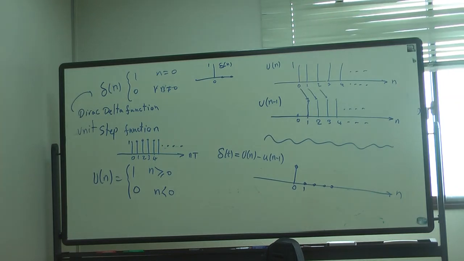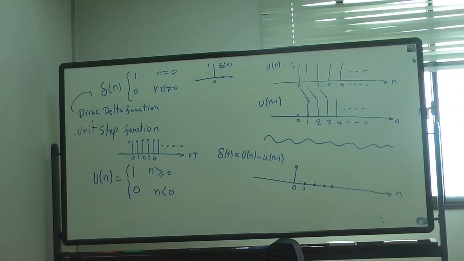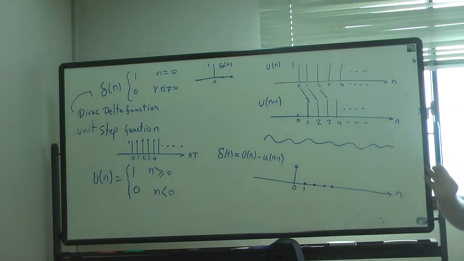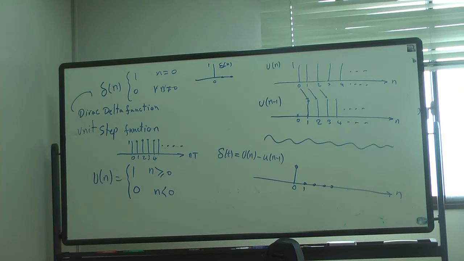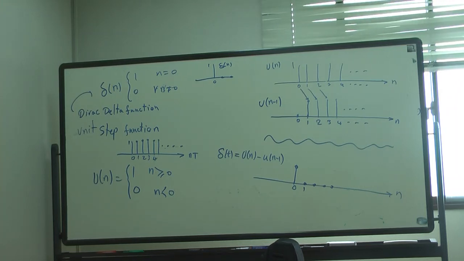This you can study, it doesn't matter. Then causal system: h n is 0 for n negative, this is a causal, physical system. So I go faster, and then go to FIR.